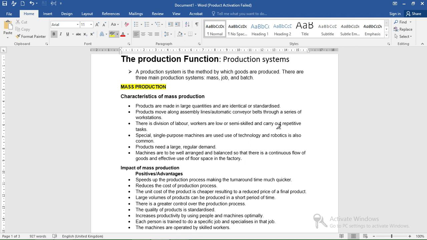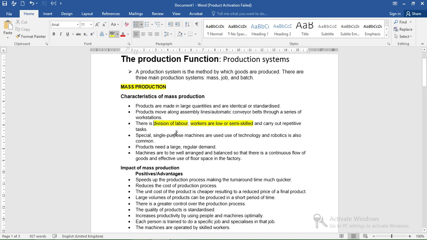They don't have many things to do, right? So the kind of labor that is required there is low or semi-skilled labor. Those are people that are only trained to do certain specific simple tasks. They don't need specialized skills. So that's why we say there's division of labor.